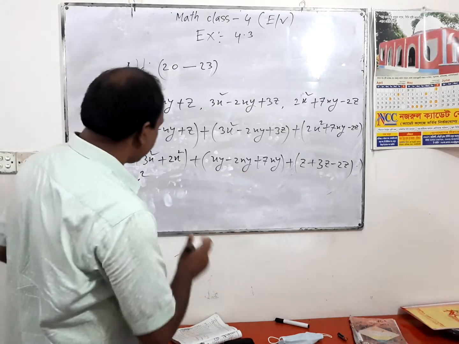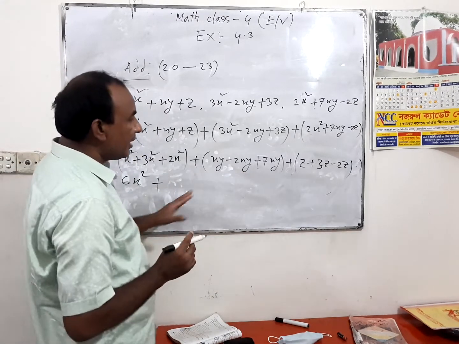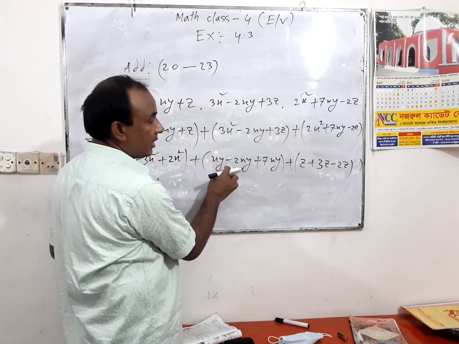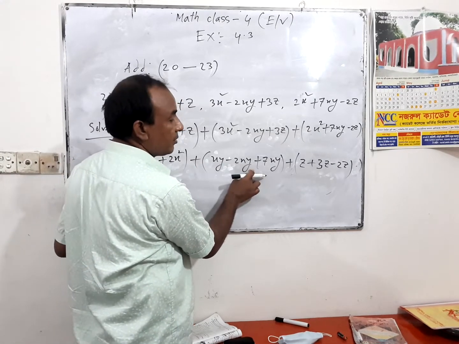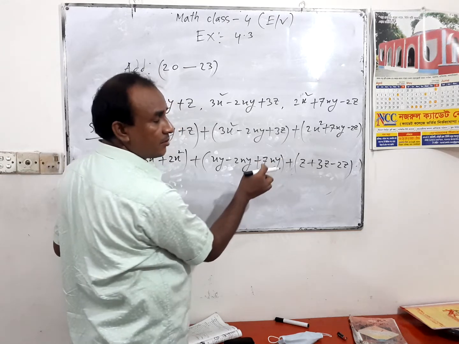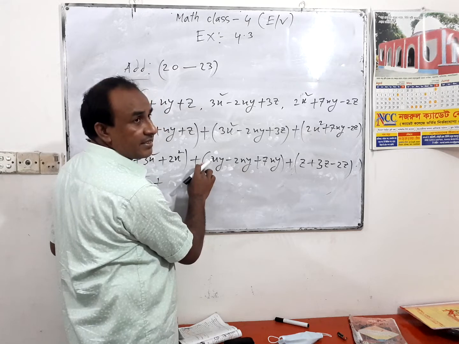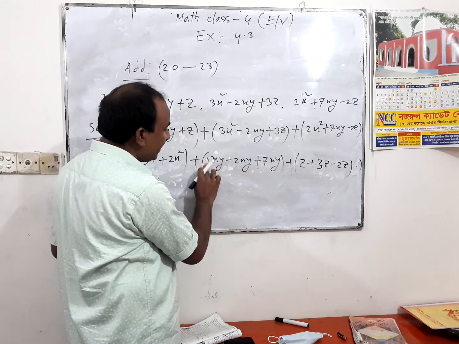The same way, here is a different thing. Plus xy, minus 2xy and plus 7xy. So we have to add with that sign. Here is a plus sign.